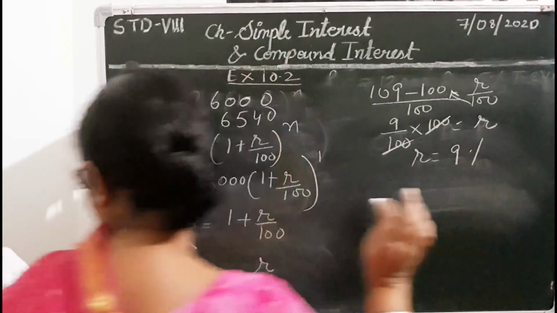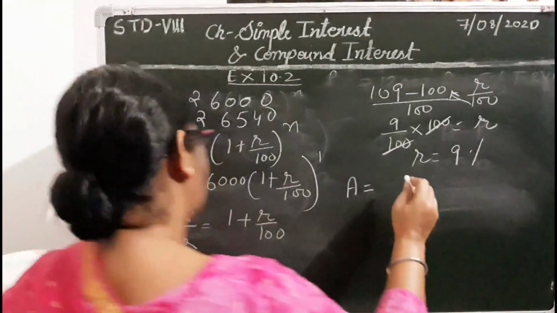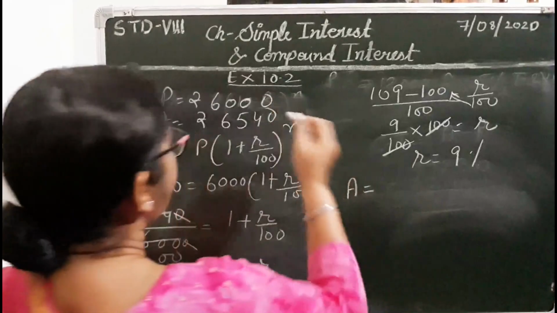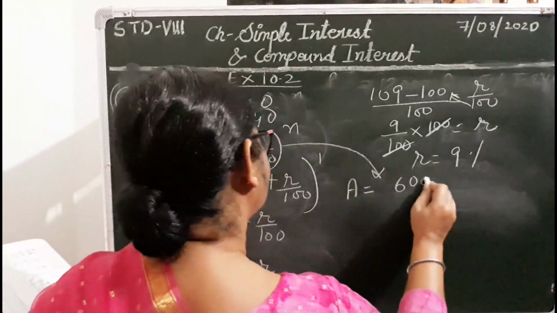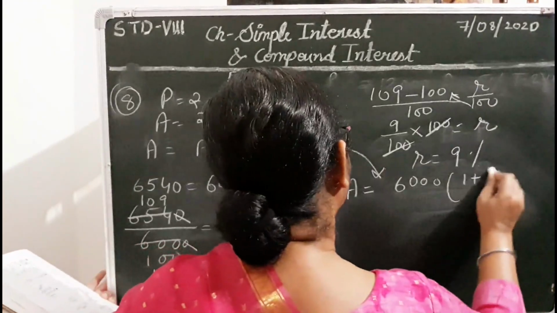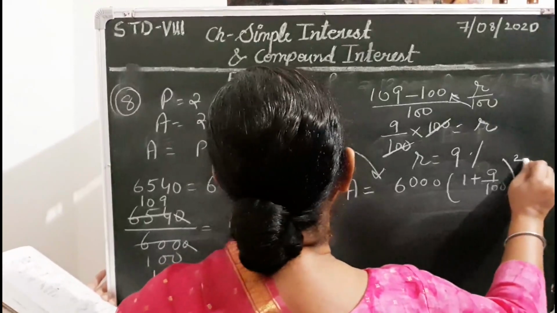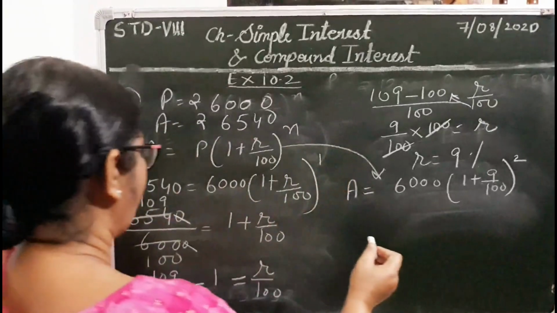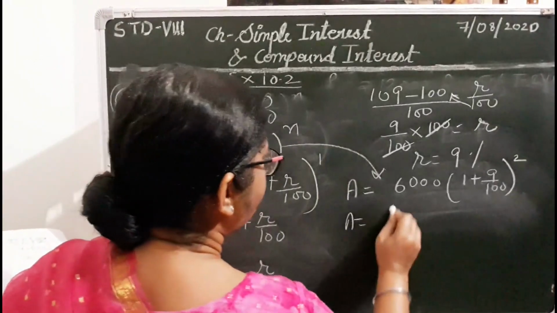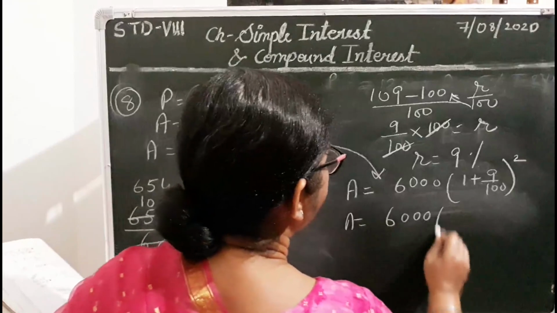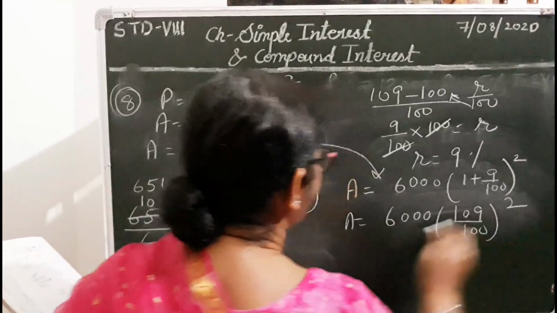Now the first question is solved. Second, the amount of the second year. Same formula: amount is P 6,000, 1 plus 9 over 100, time 2 years. Amount is equal to 6,000, 109 over 100, to the power of 2.